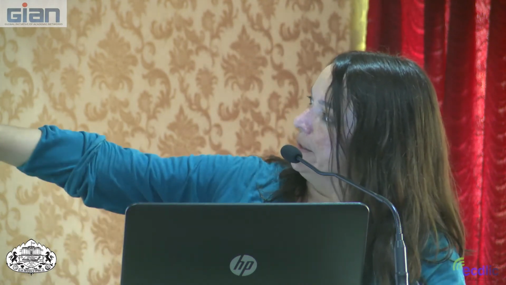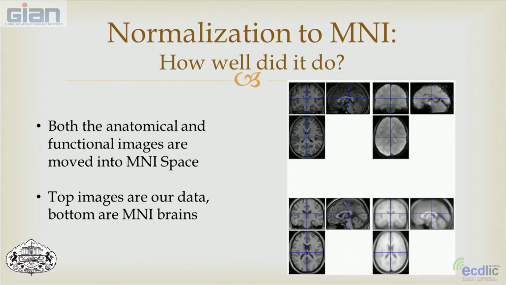We can see here on the top, again, are our images, and we see that they're fairly well lined up to these MNI brains. In some cases, the optimization program will do a poor job. It'll squish the brain up in the front, or it'll come up with a really odd shaped brain.